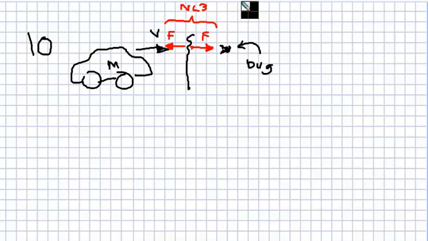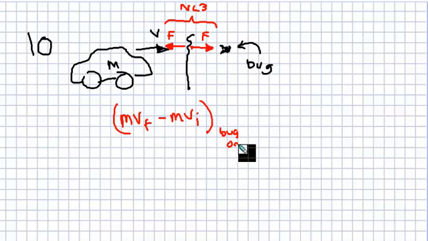And the other thing we need to consider, if we're talking about change in momentum, is remember that the change in momentum, mv final minus mv initial, whether we're talking about the bug or the car, has to equal the force that they feel times the amount of time that they feel that force.